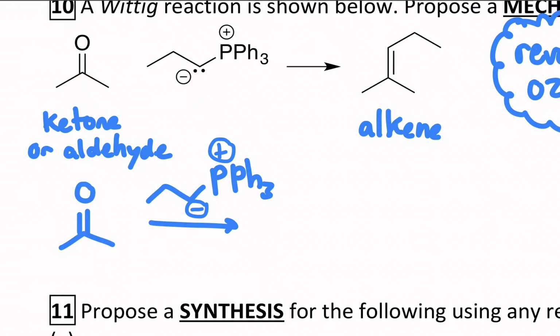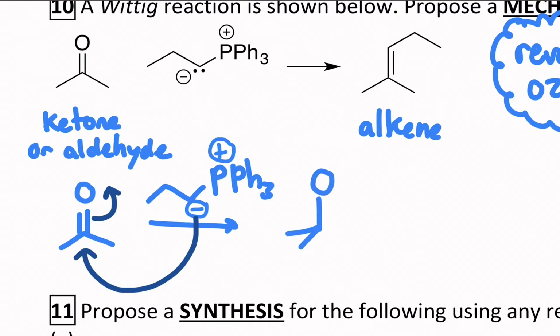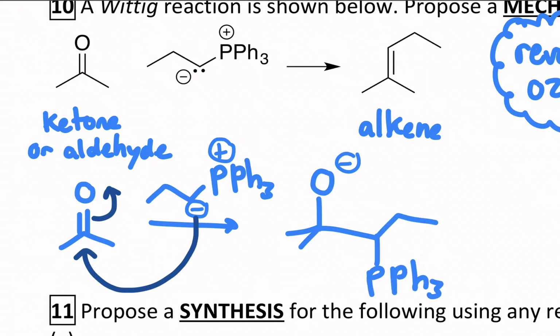So they will react with each other. You should have an arrow from that negatively charged carbon to the ketone carbon, and if you send that pi bond up, you get an intermediate that has a negative charge on the oxygen. And then you have this phosphonium, like so.